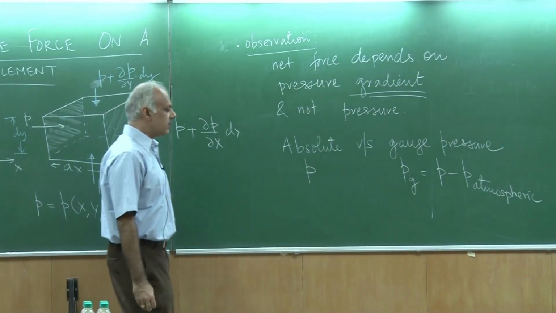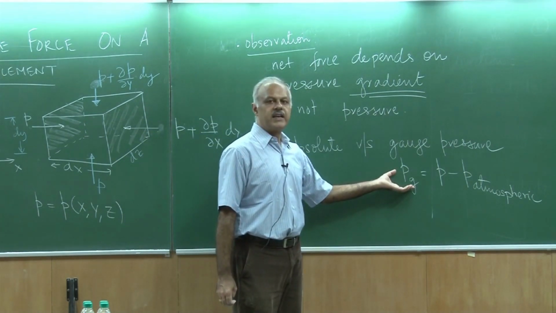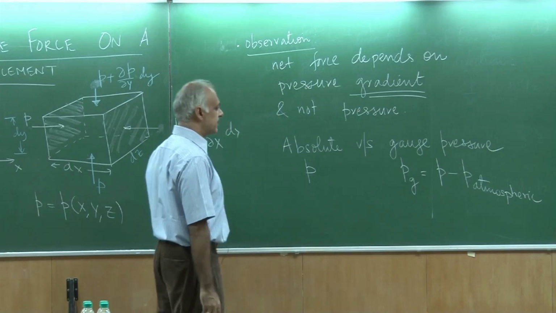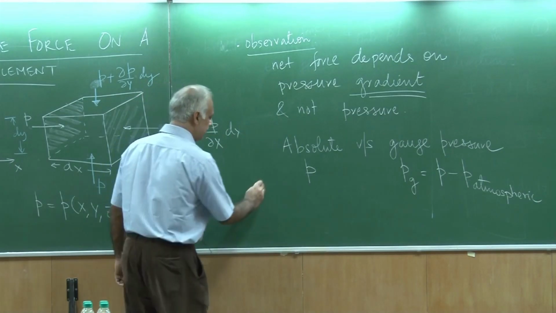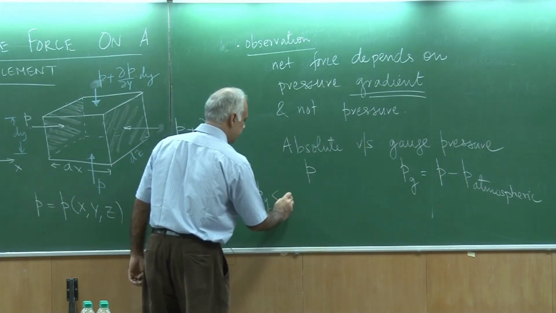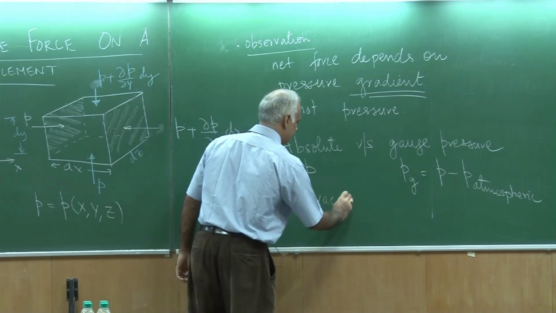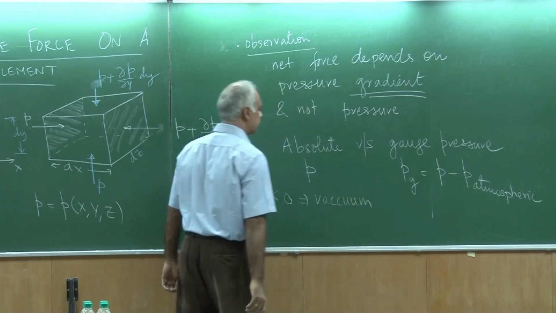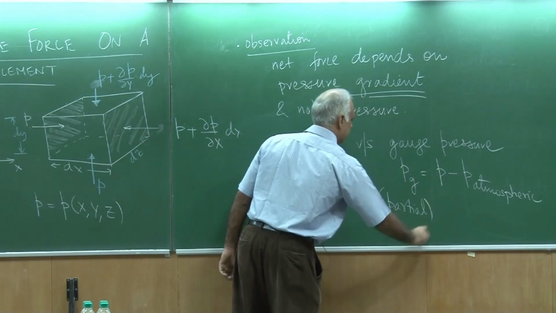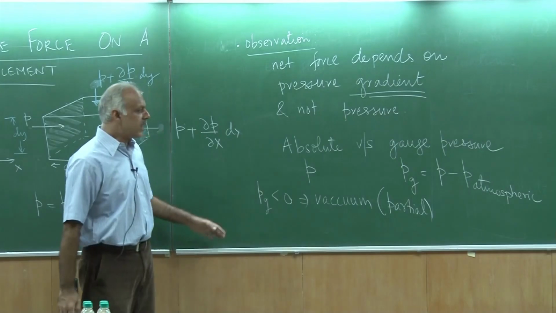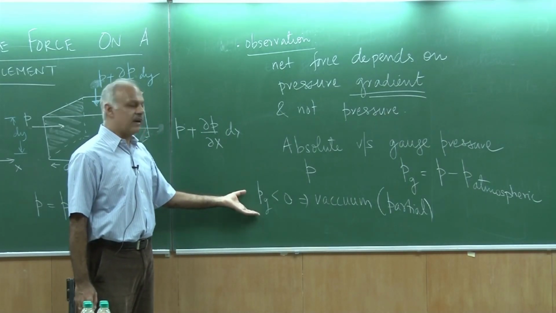So, often when you do fluid mechanics, you would be interested more in the gauge pressure and not the absolute pressure. In fact, it is very interesting to note that Pg less than 0 would imply you have a vacuum, of course a partial vacuum. So, wherever you have a pressure which is lower than the atmospheric pressure, that means you have a partial vacuum.